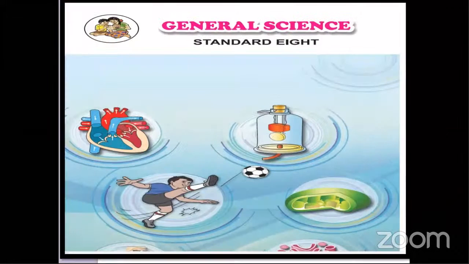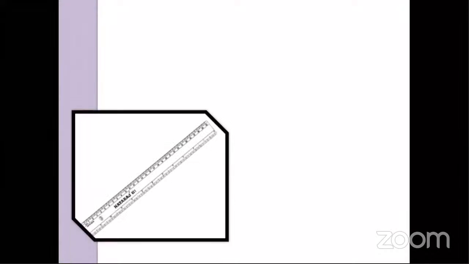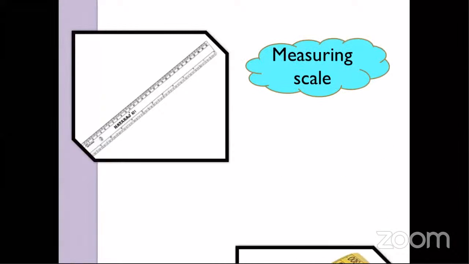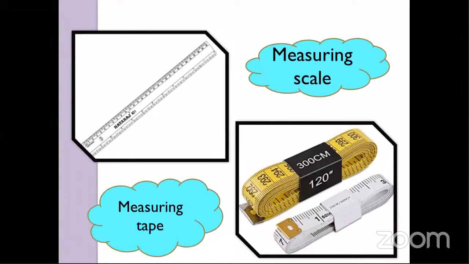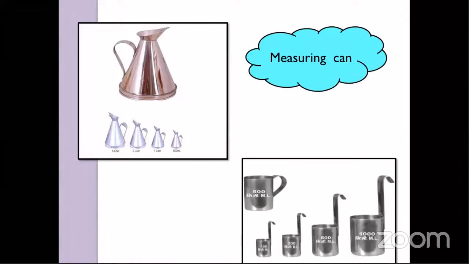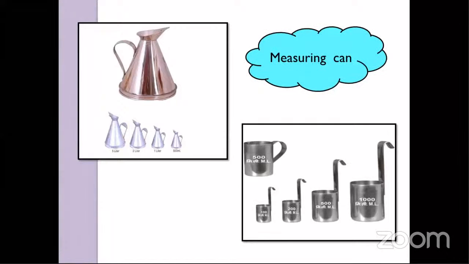So students, to measure anything, what instruments do we need? Let me show you some pictures of measuring things: a measuring scale, then a measuring tape, and also a measuring can for liquid.